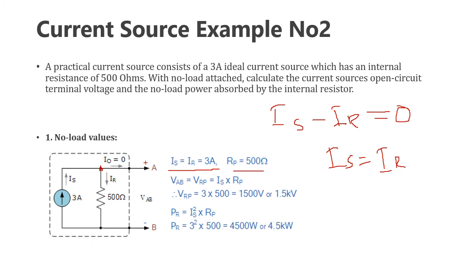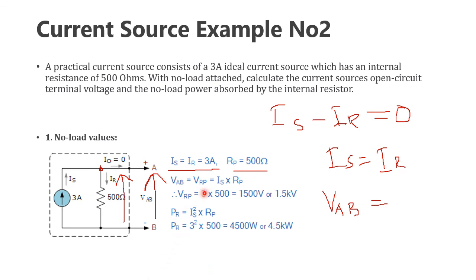Then the RP is already given as 500 ohm. Now we have to find the terminal voltage VAB. This terminal voltage will be equal to this terminal voltage, because this is a parallel connection, very basic theory. The current flowing through this resistor is IR, and the value is 500 ohm. We know the value of IR and we know the value of the resistance, then simply we can find the VAB.